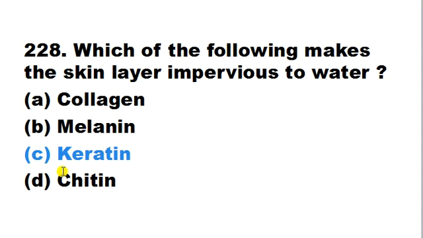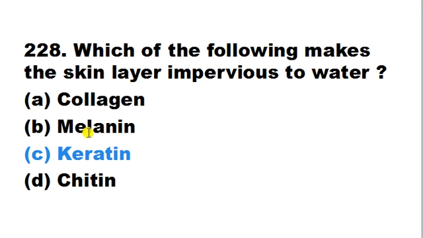Impervious means that it doesn't allow fluid or water inside the skin. So it's a protein, keratin, found in our skin layer. It is a fibrous protein, so it's structural and fibrous in nature, and it doesn't allow fluid to enter inside our body. So here the correct answer is C.